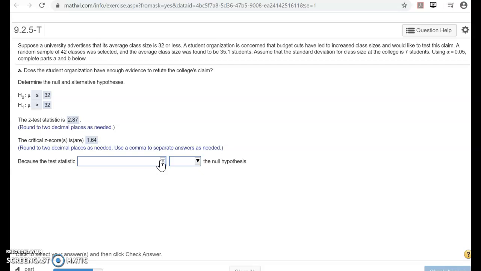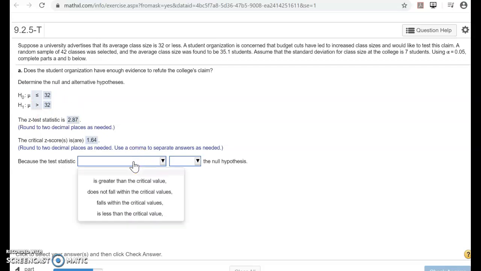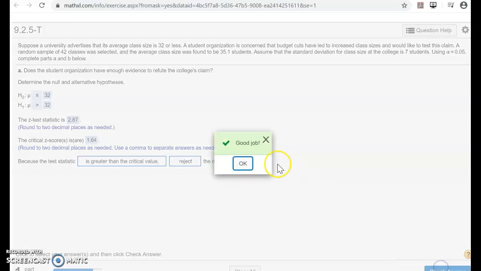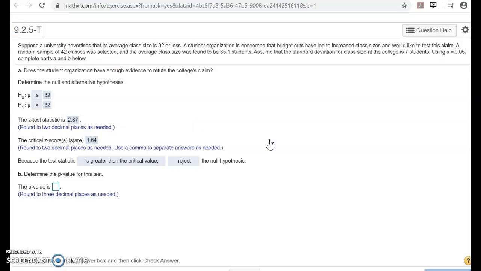Since your 2.87 would be in the area of rejection, because our test statistic is greater than our critical value, we would reject the null. Hopefully that will help you with this problem.